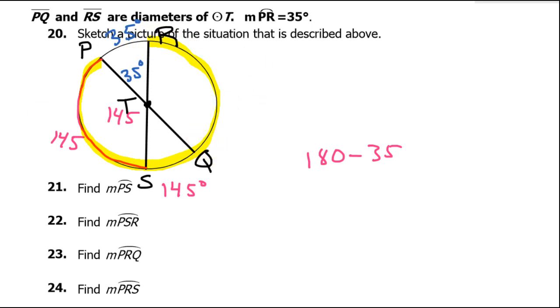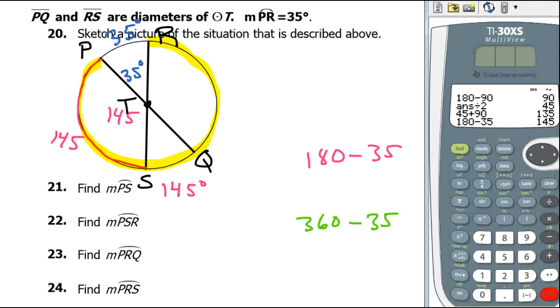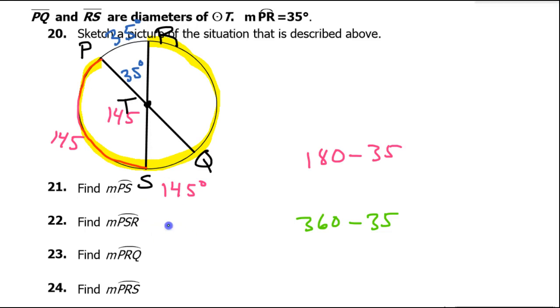That's almost the entire circle, guys. So this would be 360 minus this one little piece. So that's going to be 325.